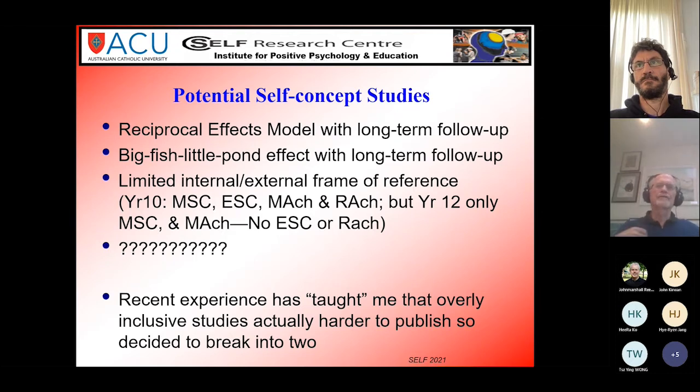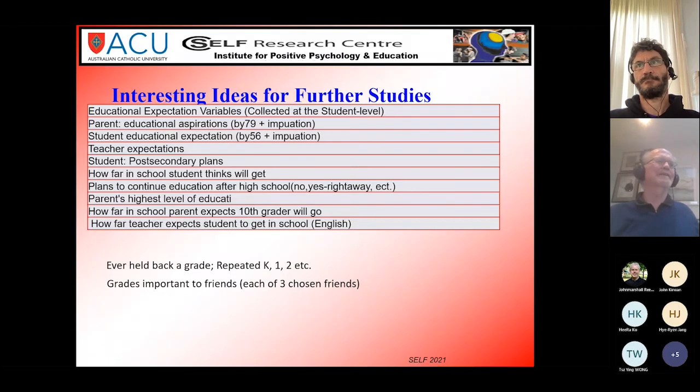And so the first of those papers is the one that I'm talking about today. And the second one will be probably a combination of either IE or big fish, maybe a bit of both. I mean, one of the nice things about looking at the big fish is to be able to look at outcomes at age 26.